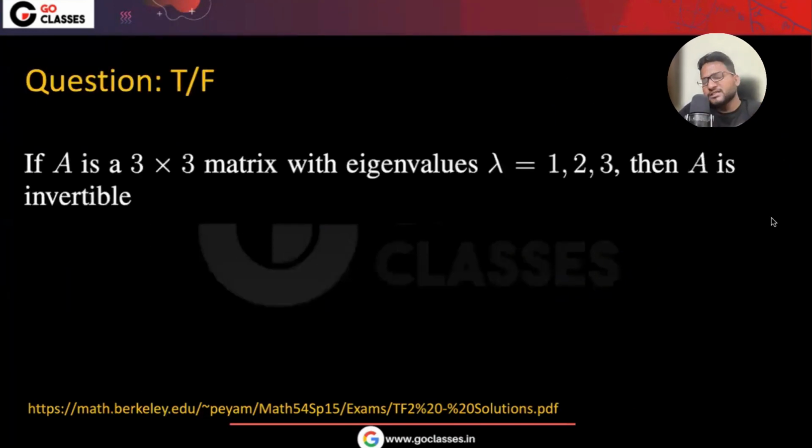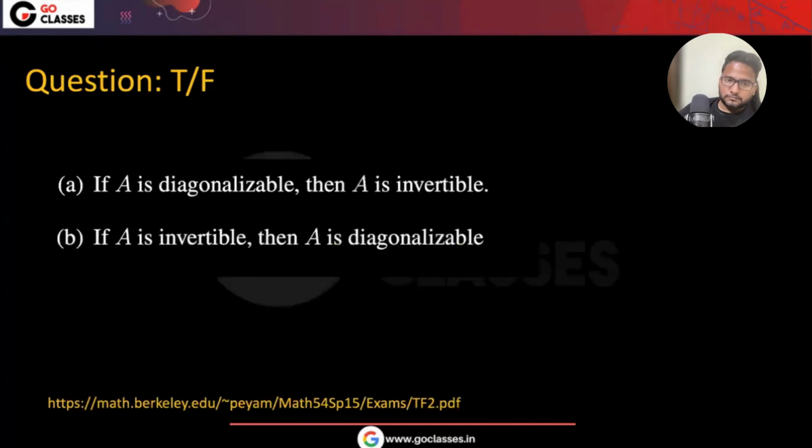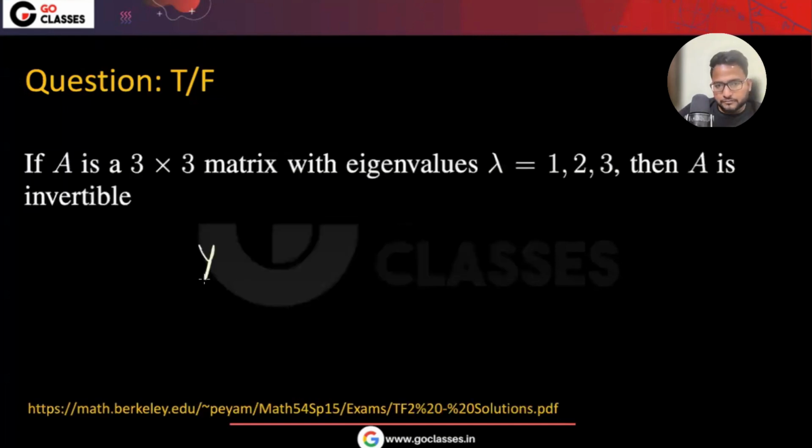Tell me. This is not related to diagonalization or anything. This is an easy question. If all the eigenvalues are non-zero, then A is invertible. What do you think? This is yes, right?